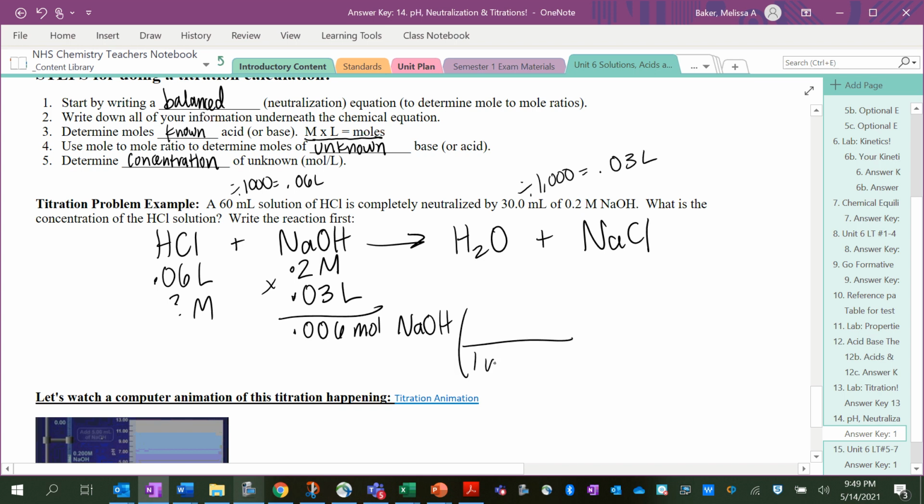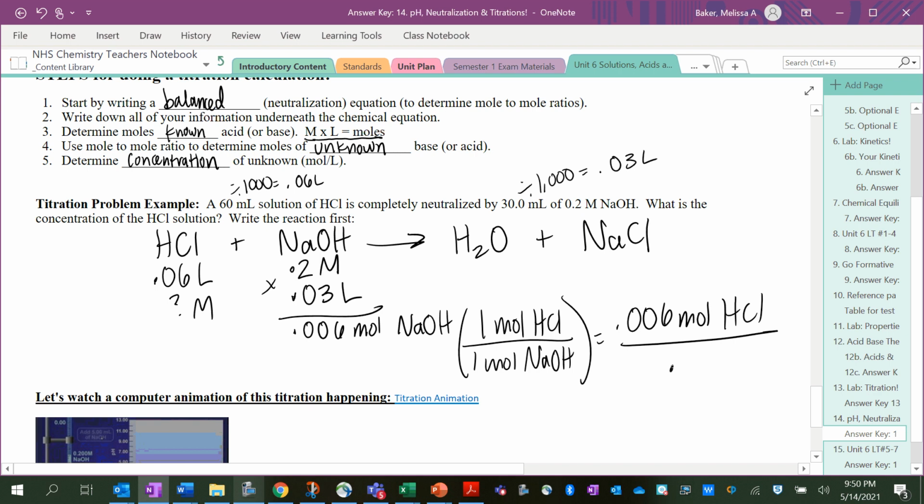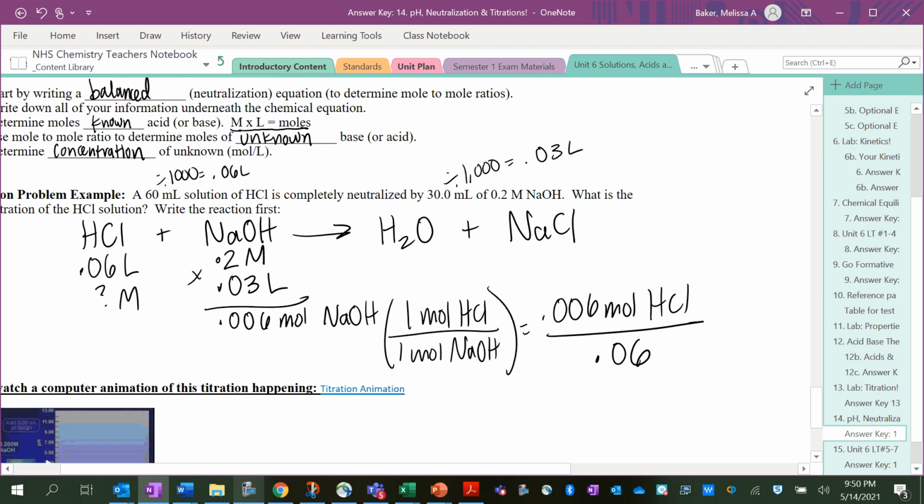Now, for every 1 mole of NaOH, it's neutralizing 1 mole of HCl. So that means there were 0.006 moles of HCl that we neutralized, divided by 0.06 liters.